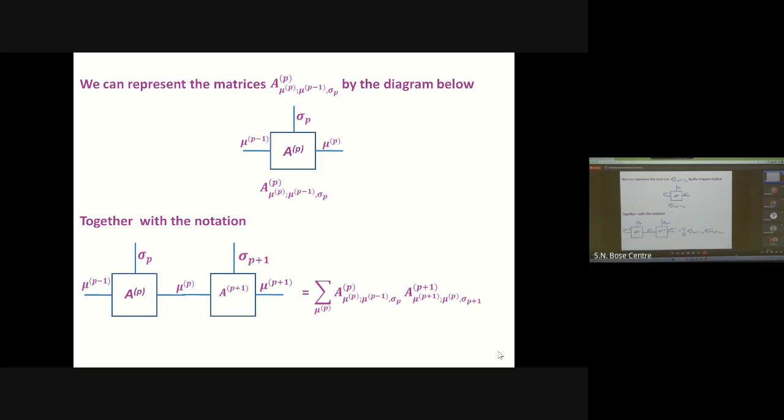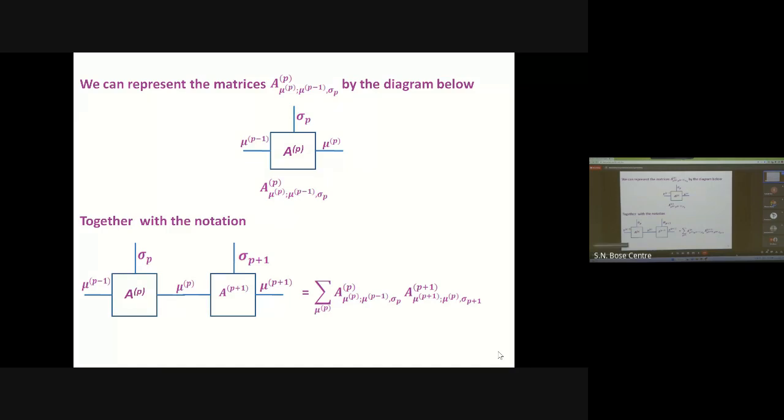Now I can break it up into mu P minus 1 and sigma P, and write the A P matrix with mu P minus 1 on the left-hand side, mu P on the right-hand side, and sigma P. So it's as if I have written my 2 index matrix as a tensor, which is a 3 component tensor. The 3 components are mu P minus 1, mu P, and sigma.